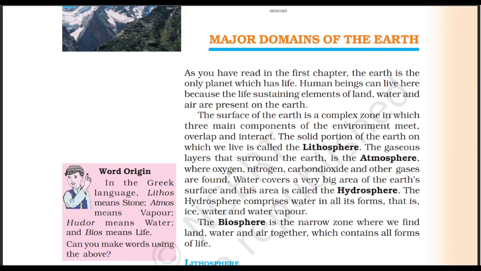Means hydrosphere is not only the water on the earth's surface, as in lakes, ponds, rivers, but also on the mountains, and water vapor in the atmosphere. All these are included in hydrosphere.